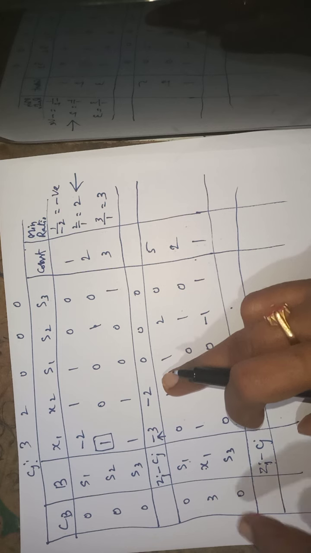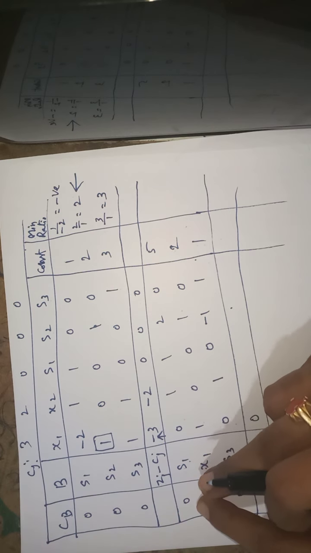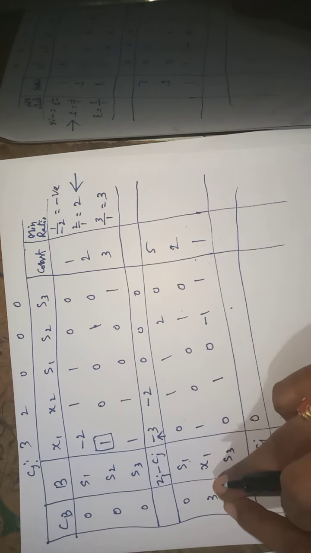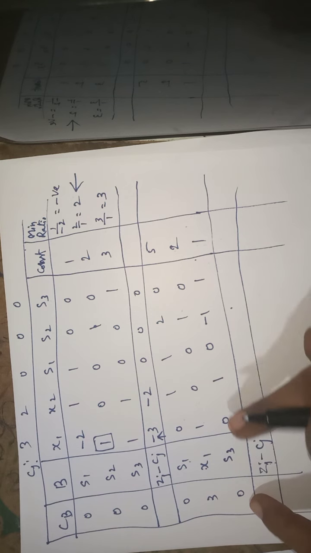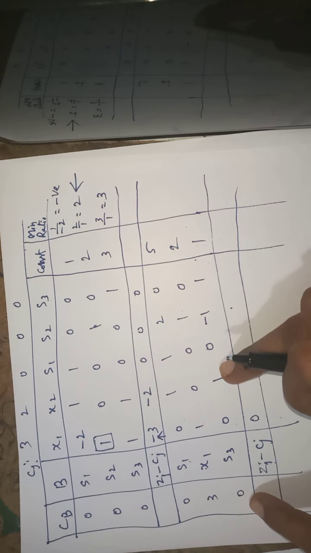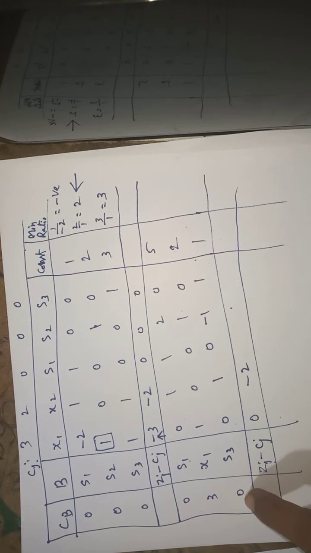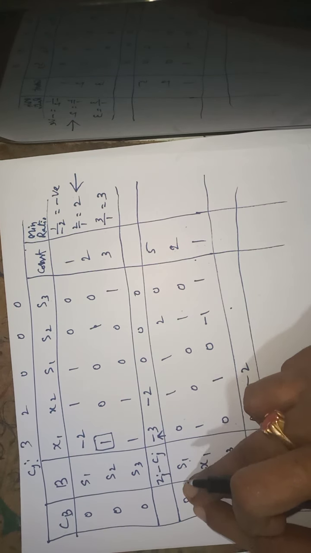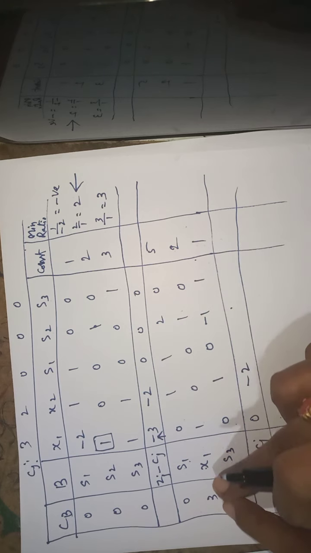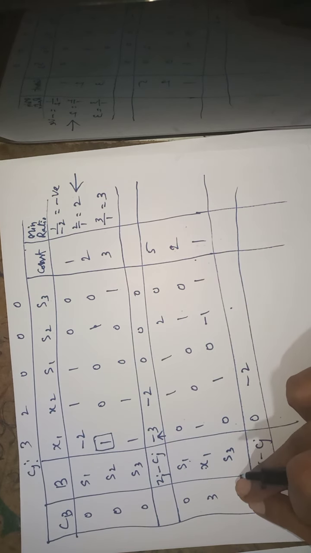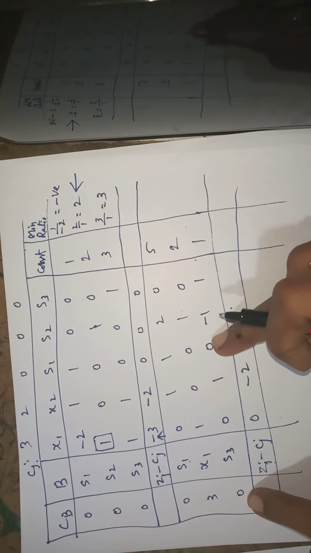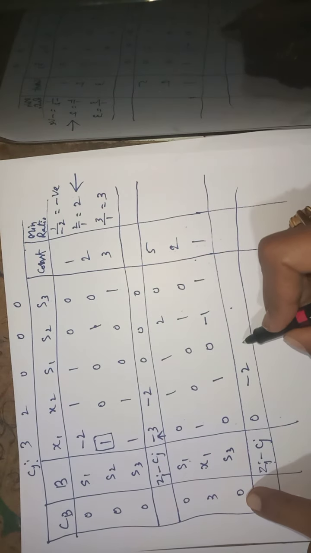Do the simplification separately if you feel any difficulty. 0 into 1, 0, plus 3 into 0, 0, plus 0 into 1, 0, minus 2. 0 into 1, 0, plus 3 into 0, 0, plus 0 into 0, 0, minus 0.